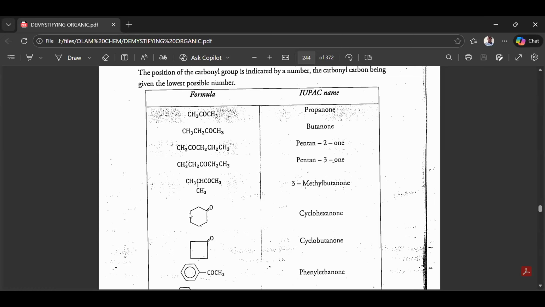Therefore, it becomes cyclohexane. But because there is this group here for the ketone, it becomes cyclohexanone. So now, they tell you to synthesize cyclohexanone from cyclohexene. You'll find someone who cannot write cyclohexanone.